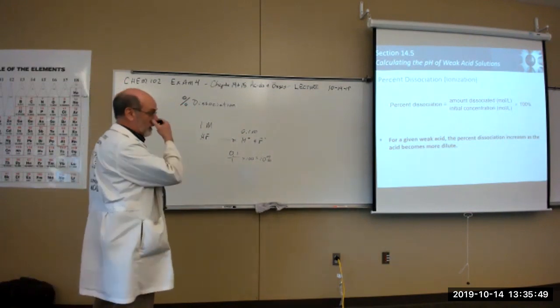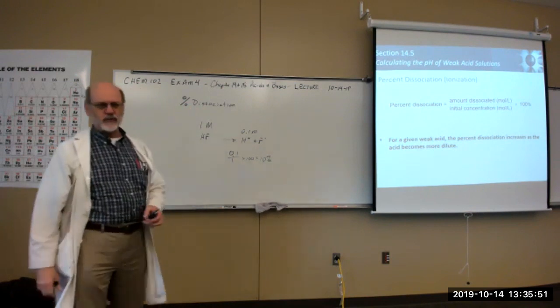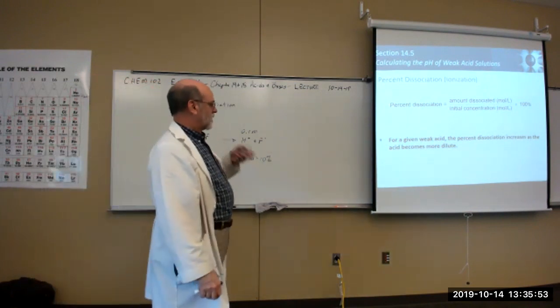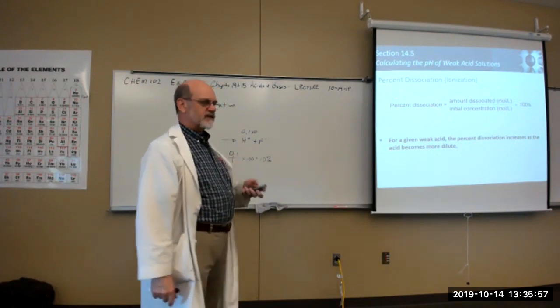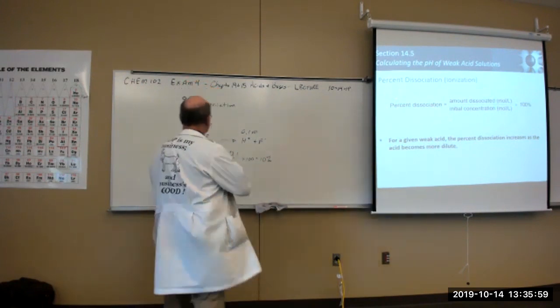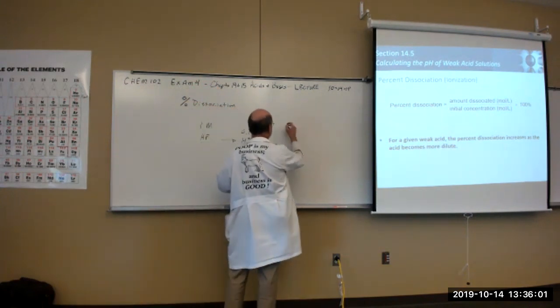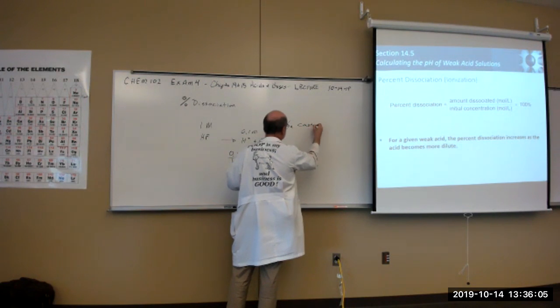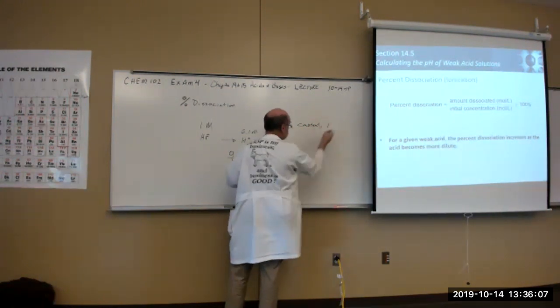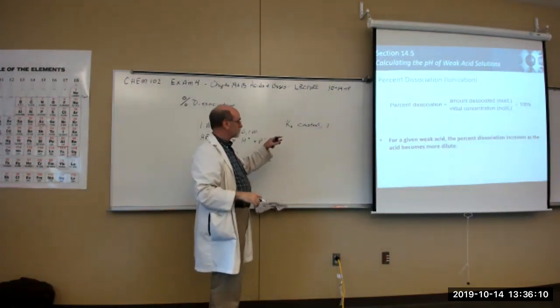Now here's a rule of thumb. I think I've got slides to prove this one. This is a simple calculation, but the percent dissociation, whereas Ka is a constant for a given temperature, right?